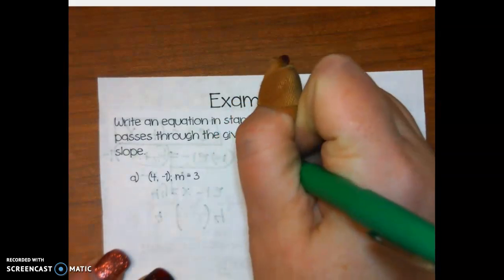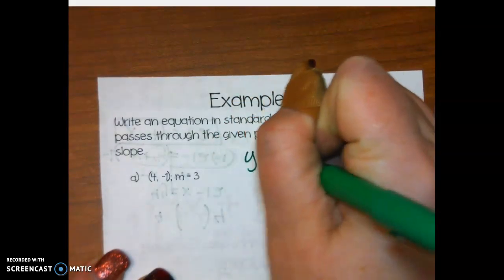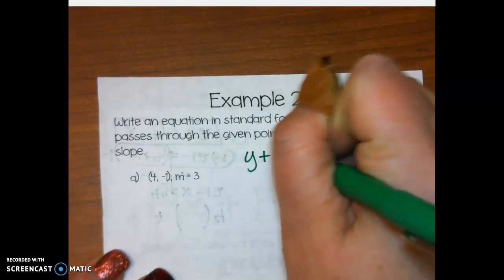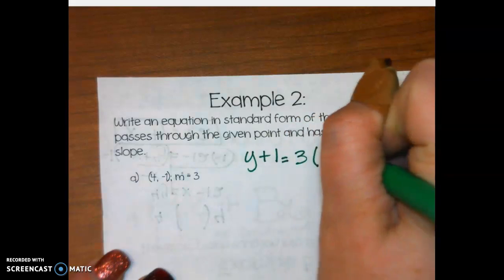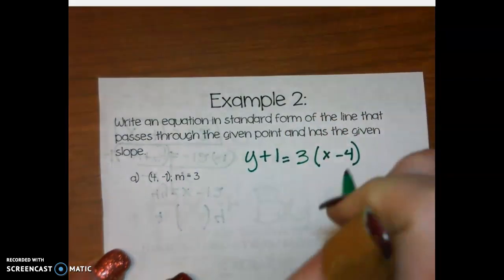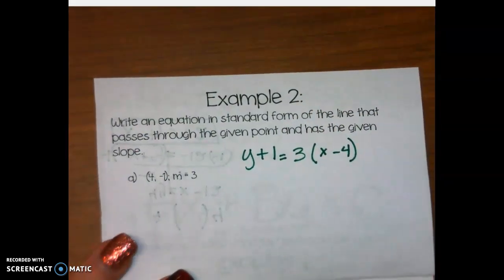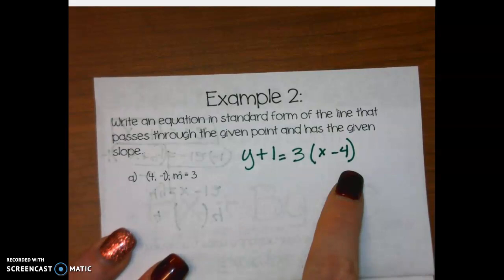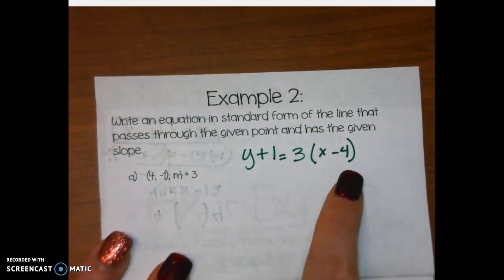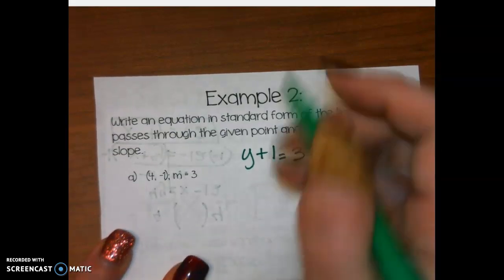You've got y plus 1 equals 3x minus 4. Okay. So now you just solve it. And you should be able to move around everything you need to.